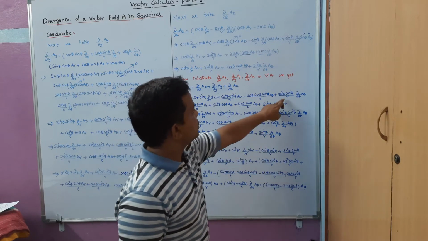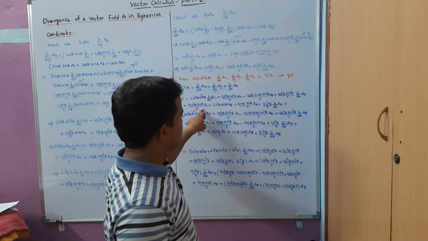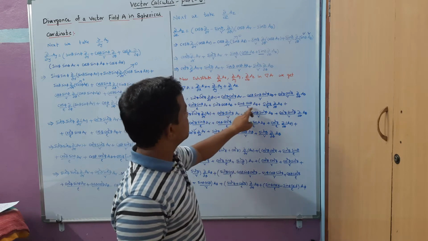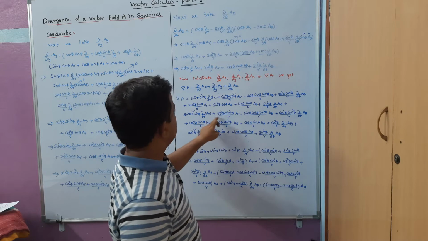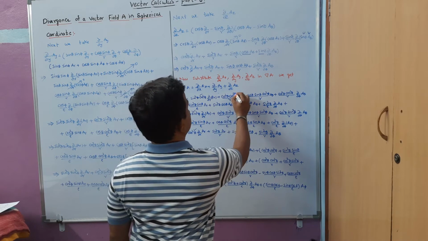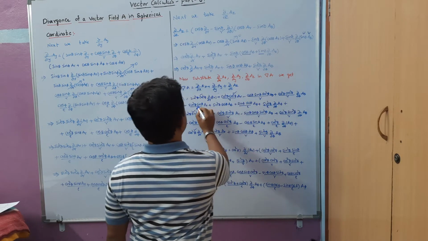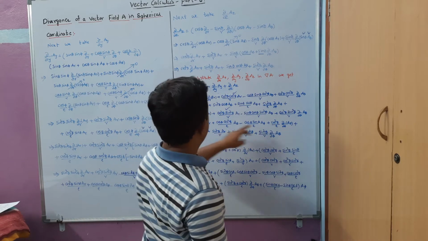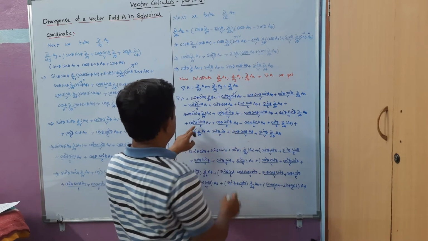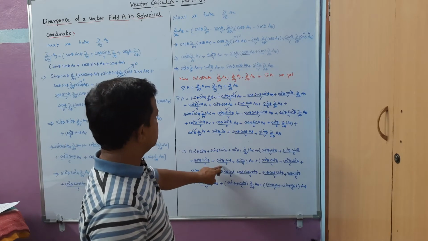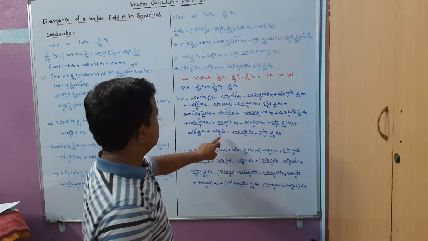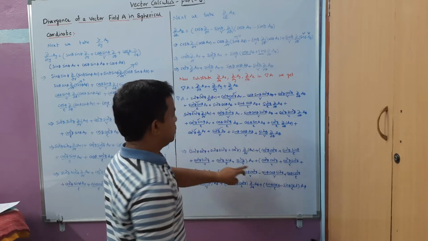Next the ar terms here: sin square phi sin theta by rho plus ar terms. Next here, this one is finished, and this one is finished, and this one is also finished: cos square phi sin theta by r, sin theta by rho. Next sin square theta by r, that is this one.